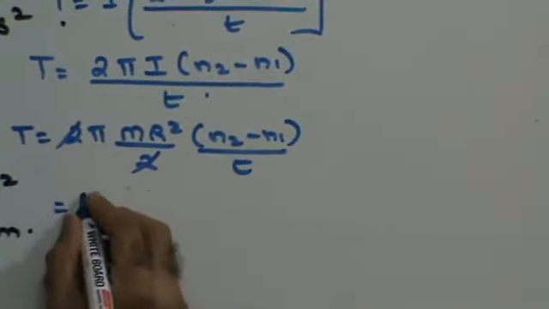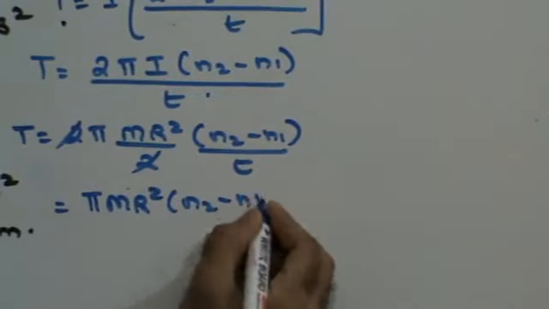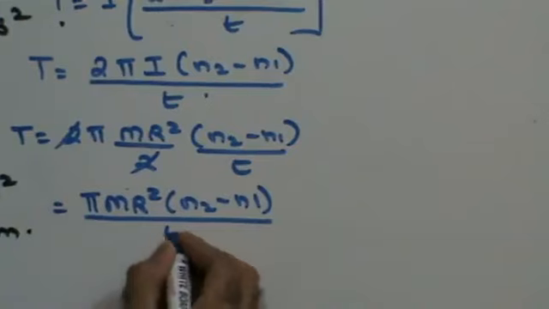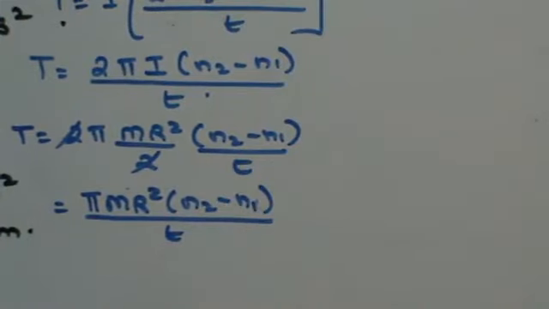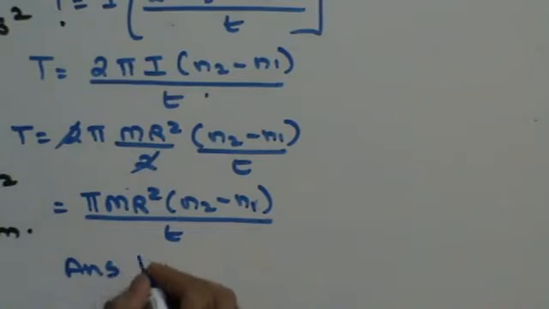So this is nothing but pi mr square n2 minus n1 upon t. That will be the torque, right? You should get this answer as 1.32 Newton meter.